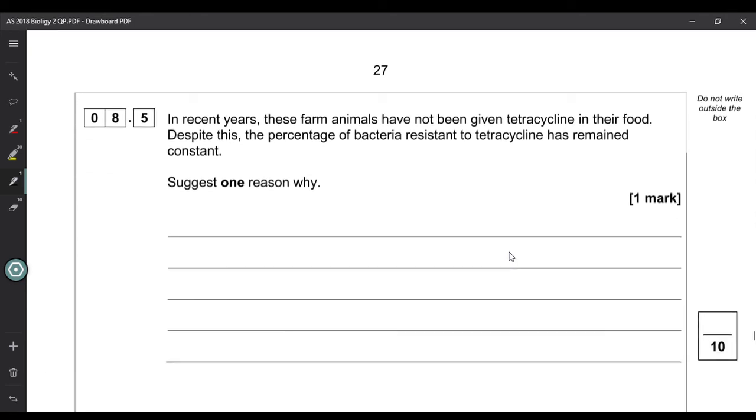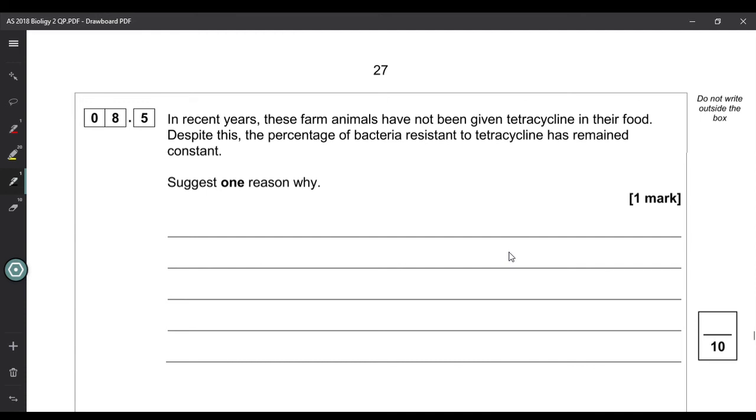So the next part of the question asks us, in recent years, these farm animals have not been given tetracycline in their food, but despite this, the percentage of bacteria resistant to tetracycline has remained constant. Suggest one reason why. Now, obviously, that allele is already there in many bacteria, and that's going to stay there. It's not going to go away. So because it's already there in lots of bacteria, it's still going to continue to be passed through to further generations.